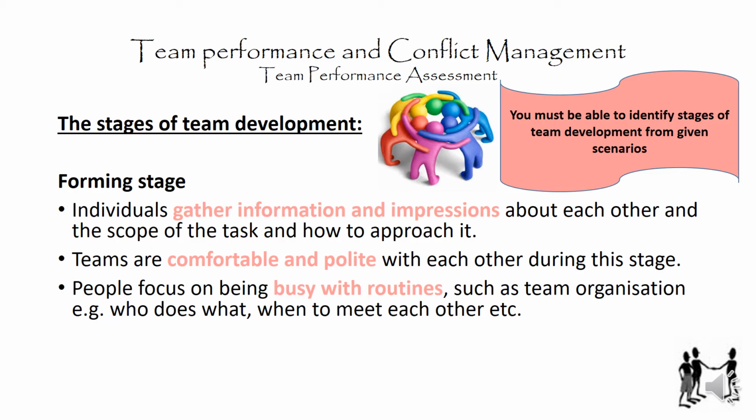All right, so they're busy organizing the team, busy deciding who is in charge of what, when are they going to meet each other. Okay, a lot of organizational admin is being done during the forming stage. They haven't started sharing ideas and opinions yet. All right, so there's no conflict yet. They're very polite, very comfortable. They're still getting to know each other. They are settling in.